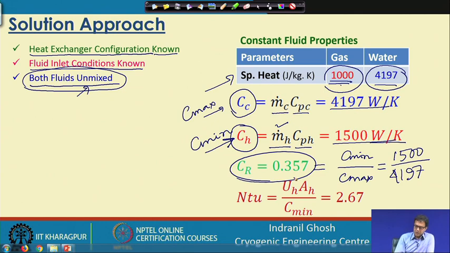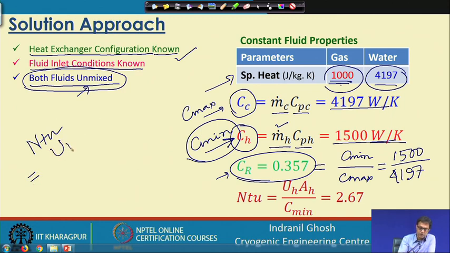Now, we have the C min value with us, we have the Cr value with us, and we already said that the heat exchanger configuration is known. So, basically we will try to find out what is the NTU. NTU equals UA by C min, and for the hot fluid stream it is UH AH by C min.